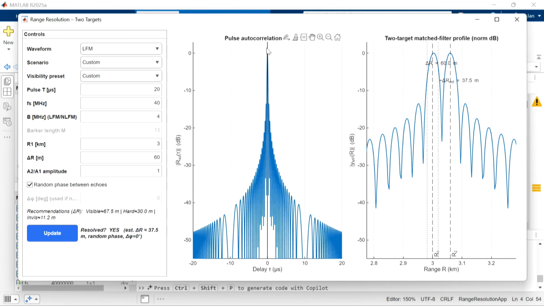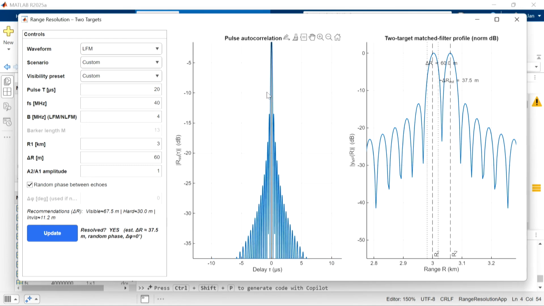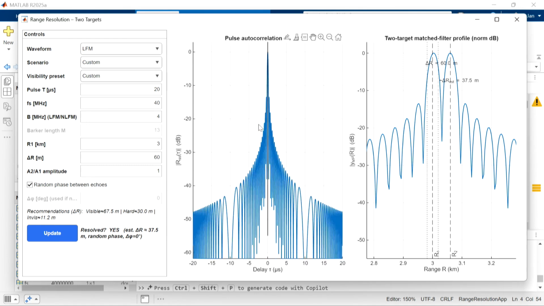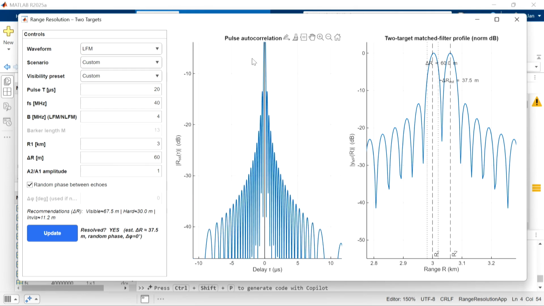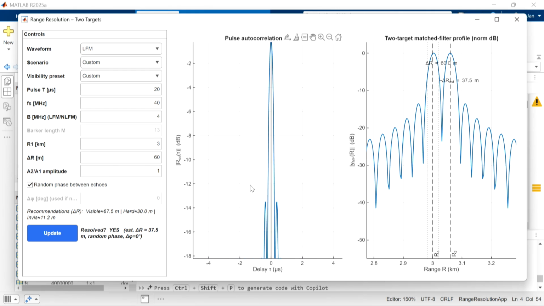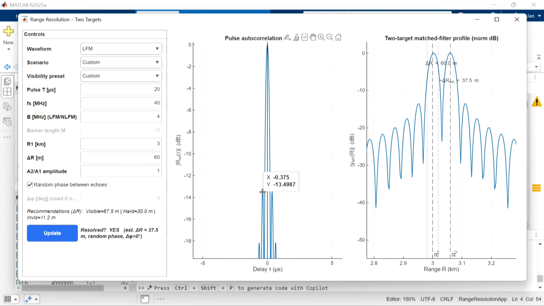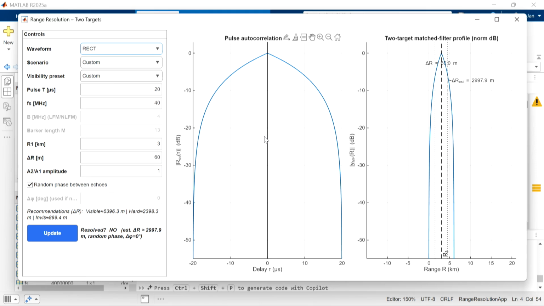There you will always see the pulse autocorrelation function. Maybe I can limit it to -40 because it will be more detailed, but it is not important. You can see this is the first side lobe. If I put a rectangular pulse, the autocorrelation function is a triangle, but it is in dB, so it is not a triangle because of the nonlinearity, but it is a triangle.